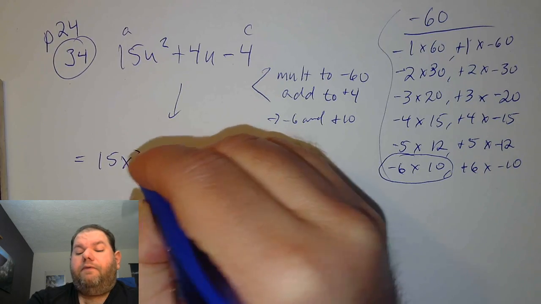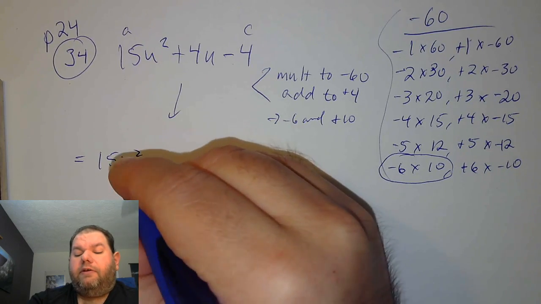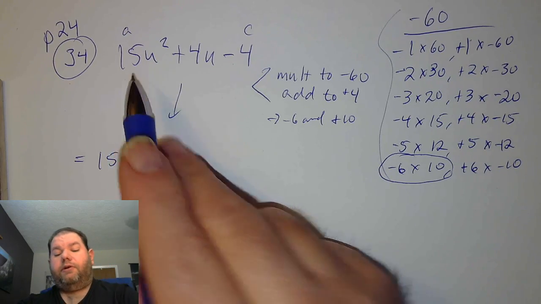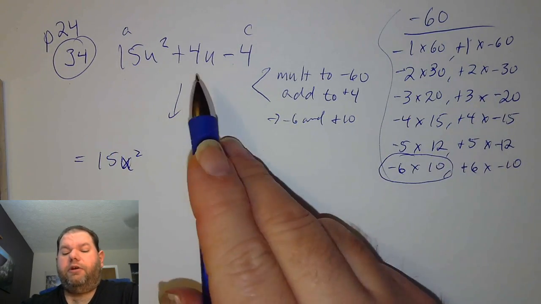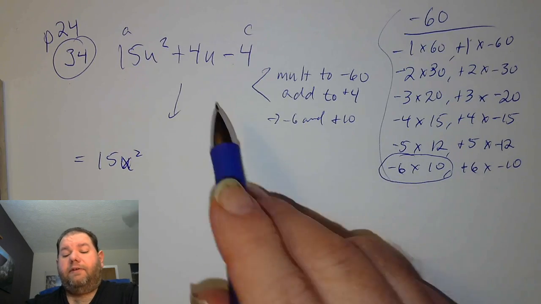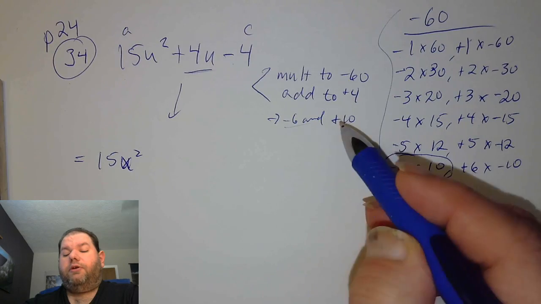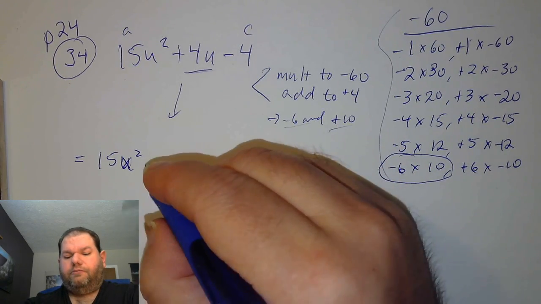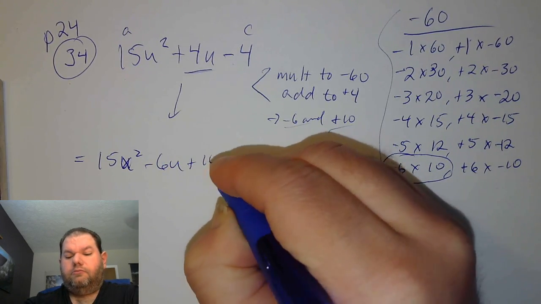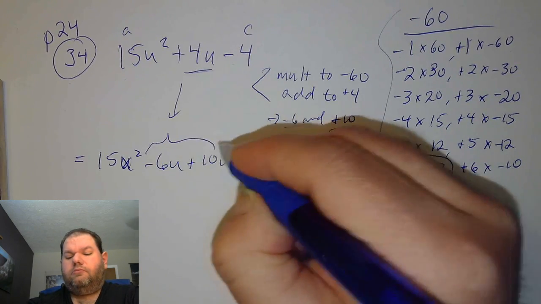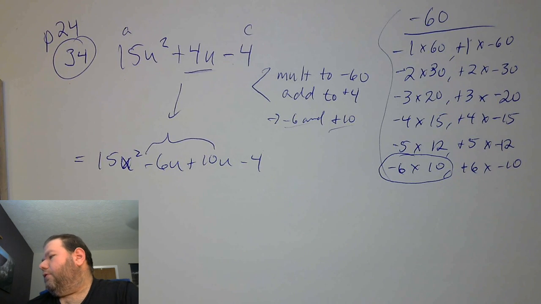Alright. Now, when we have this 15 in front of the u squared, again, we don't directly factor this and split. Instead, we split up the 4u that's in the middle according to what's given here. So we took that 4u and turned it into a negative 6u plus 10u.